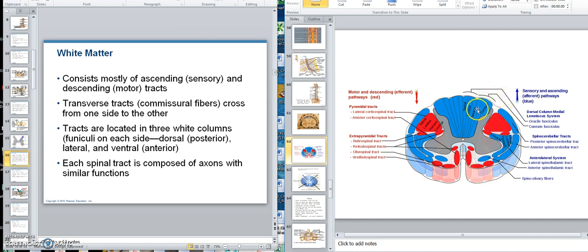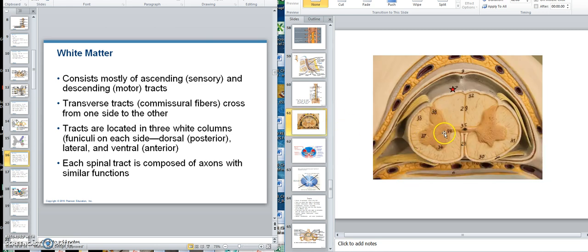In this picture, they're showing motor tracts in red and sensory tracts basically in blue. So we have ascending and descending. Then we have transverse commissural tracts, which cross from one side to the other. To do that, you go in here between these sides.